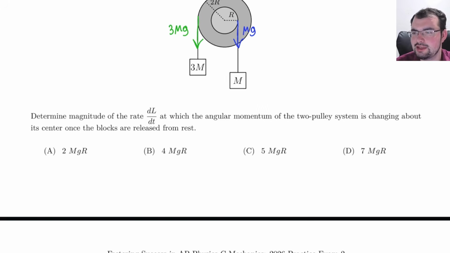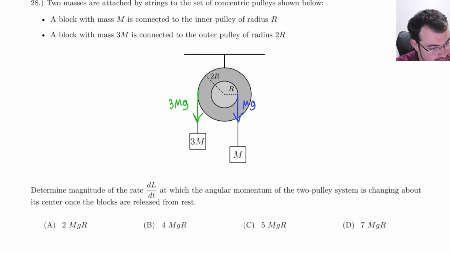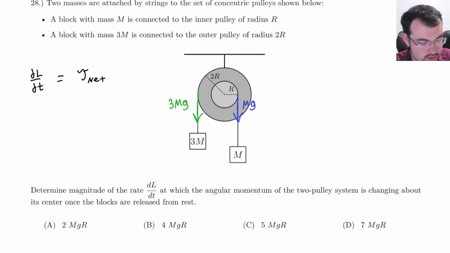So this is interesting, the rate dL/dt. Well, we have this relationship that says the only way to change your angular momentum is to exert a torque on the system. So all we're doing is finding the net torque on the system. So what is the net torque on this system?